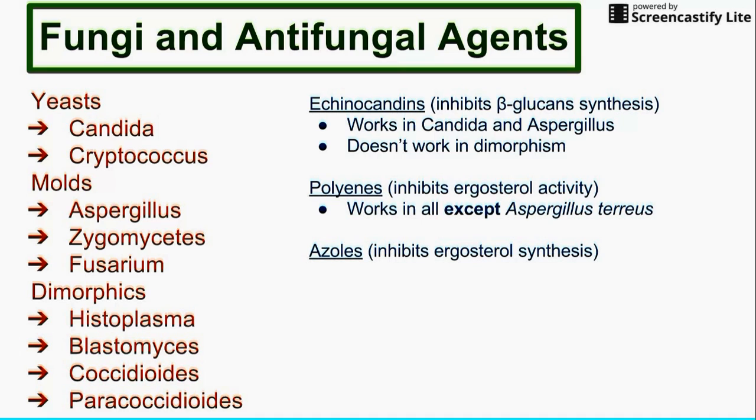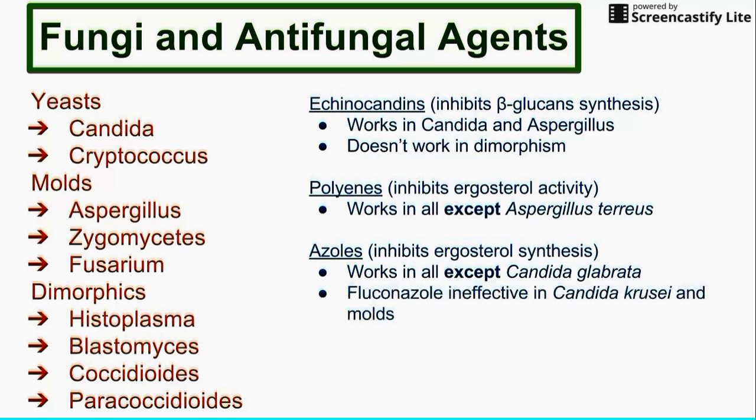Azoles, which inhibit ergosterol synthesis, work in all of these listed here except for Candida glabrata. And they also have, they're slightly ineffective. One of the azoles is slightly ineffective in one Candida species and in the molds in general. But in general, azoles are usually pretty good against all of these.